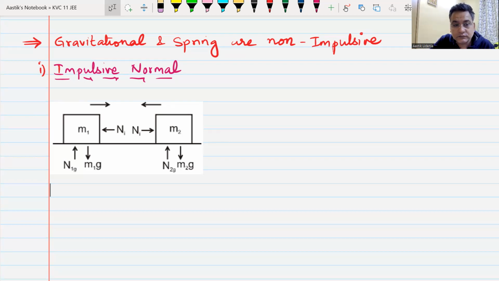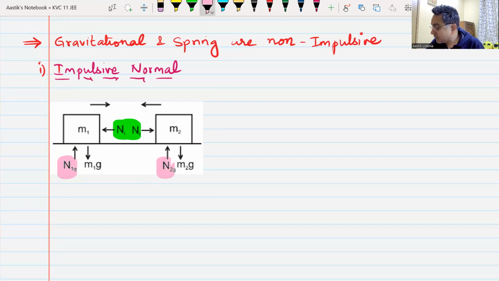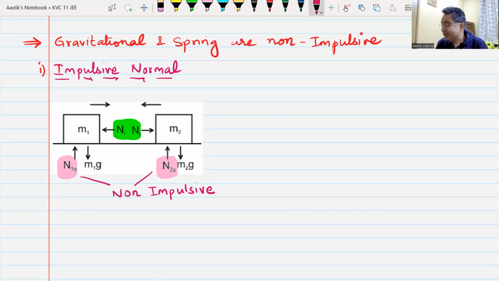This green one is impulsive. What about this one and this one? Are these impulsive? Non-impulsive, sir. Very good. These two normal reactions are non-impulsive. They are not creating any impulse, not changing momentum drastically in any way.